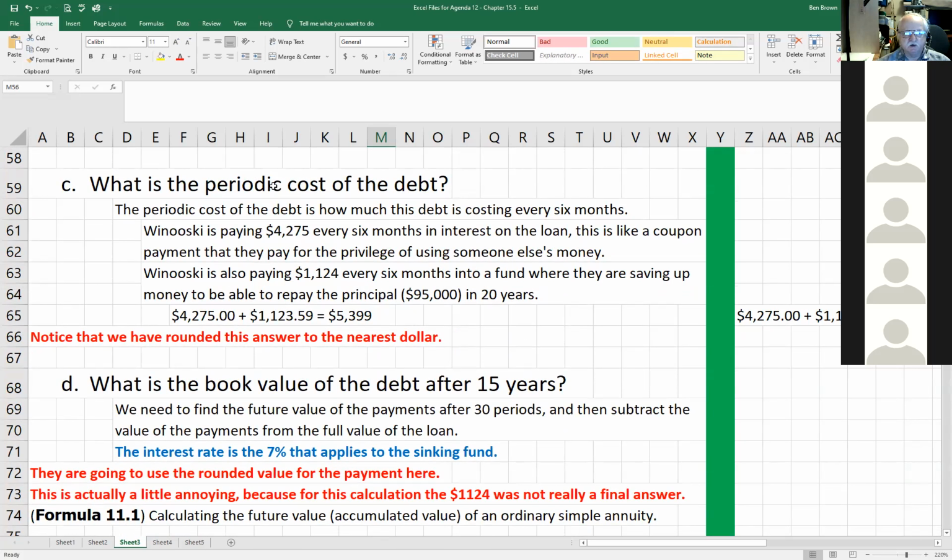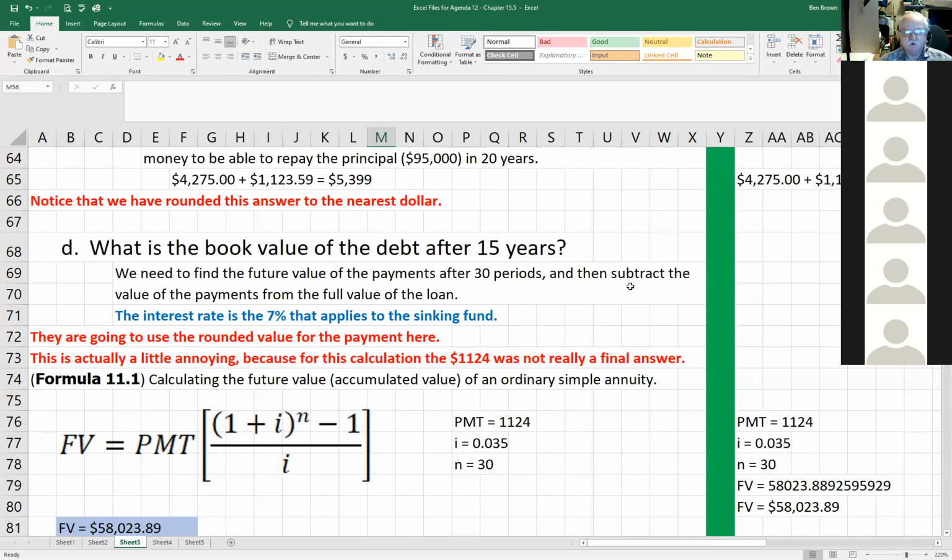So the periodic cost of the debt is the sum of both of these. They're paying $5,399, again, rounded to the nearest dollar. That's what they're paying on a regular basis to service this debt.